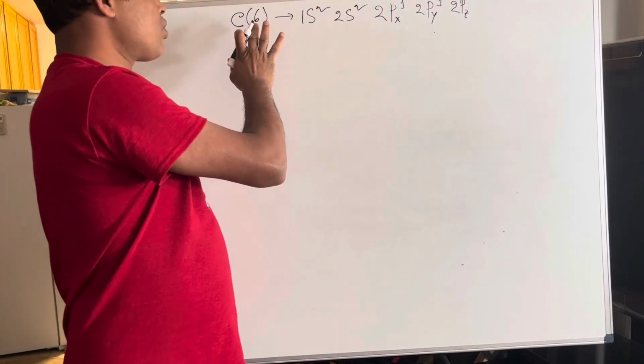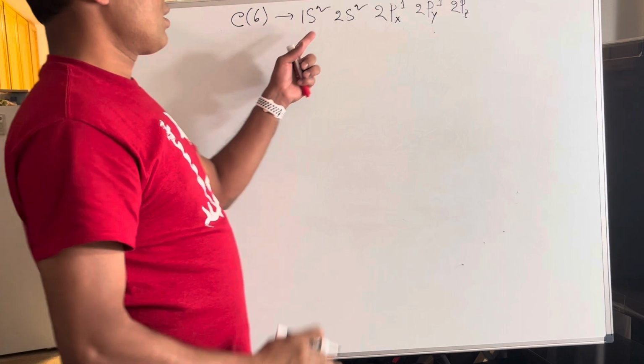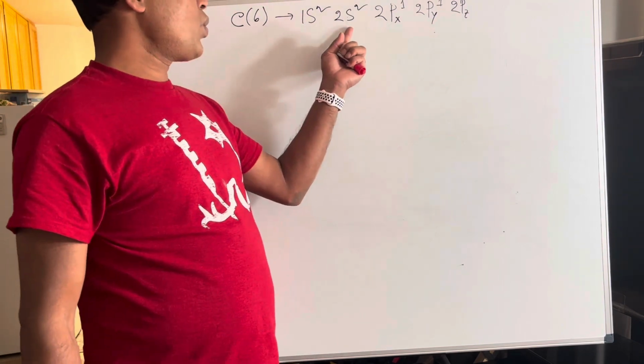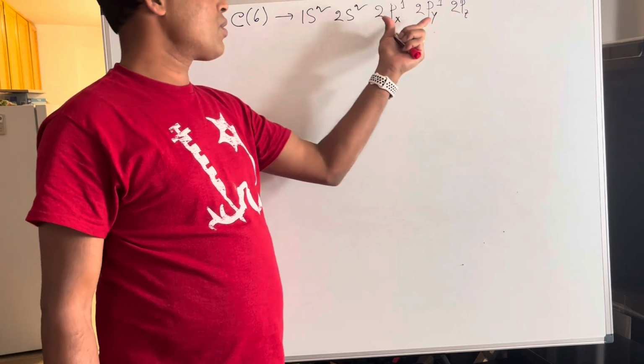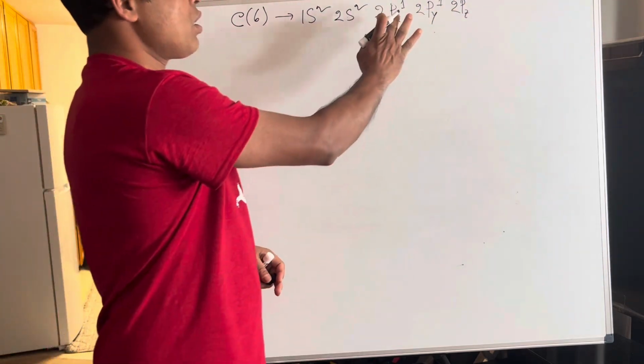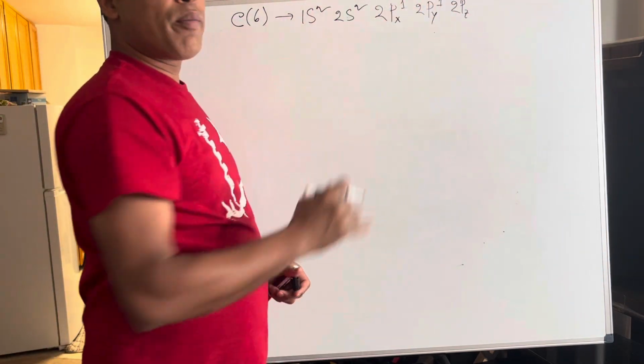Carbon has a total of 6 electrons, and it can be written as 1s2, 2s2, 2px1, 2py1, 2pz0, because of the total 6 electrons. So here it has 2 unpaired electrons.